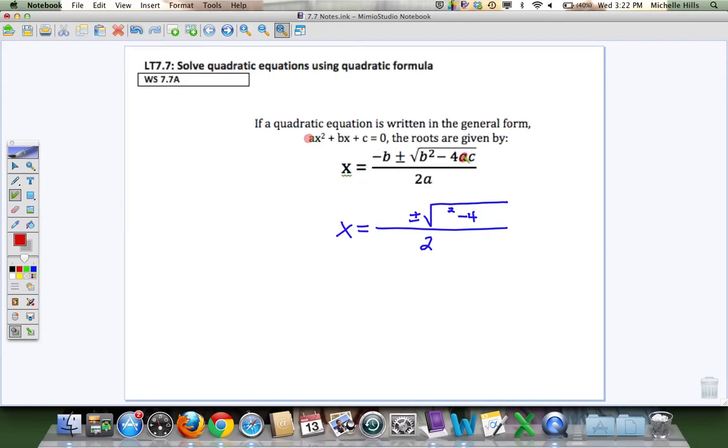And that will always be substituted into these two places where a is found in the formula. The coefficient of the x term is b, and that will always go, and I'm going to talk about this opposite thing here in a minute, into these two places for b in the formula. And last but not least, the constant is always c, and it will always be substituted for c in this formula.